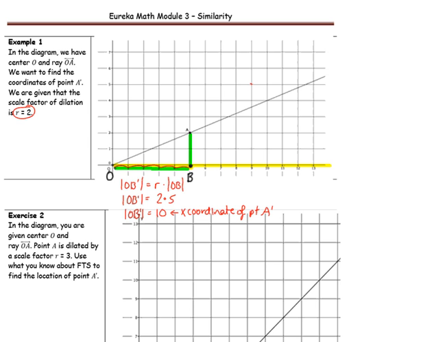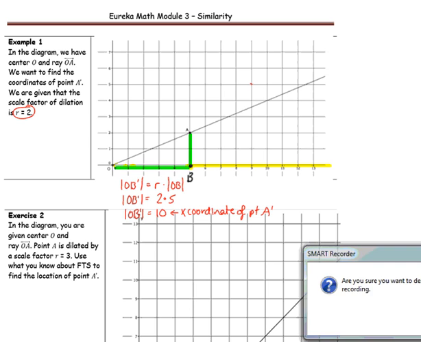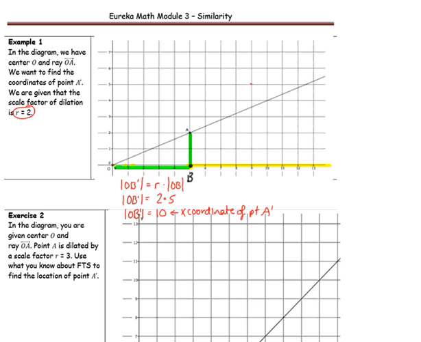Next, we'll find the y-coordinate. To find the y-coordinate, we'll use the length of A prime B prime is equal to the scale factor times the length of AB. We know our scale factor is 2, and we know the length of AB.